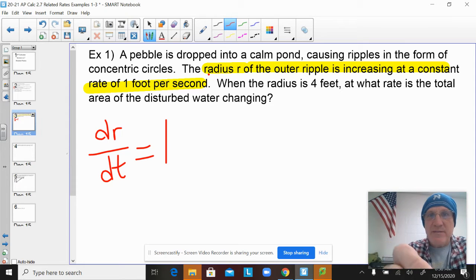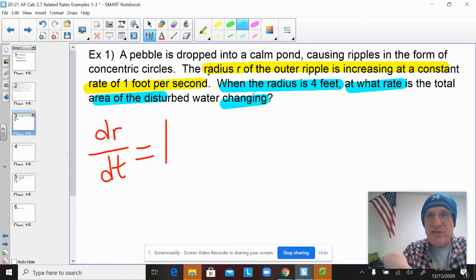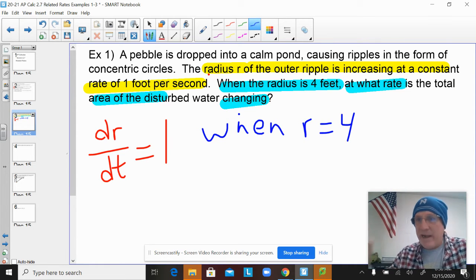And then it says, when r is 4, at what rate is the area changing? So what is that asking for? When r equals 4, when the radius is 4, at what rate is the total area changing?